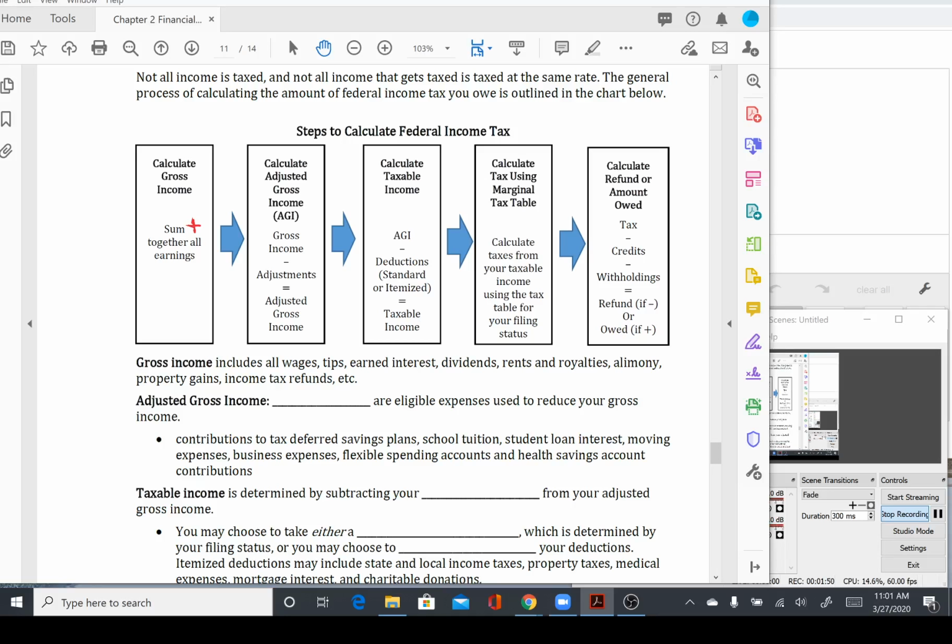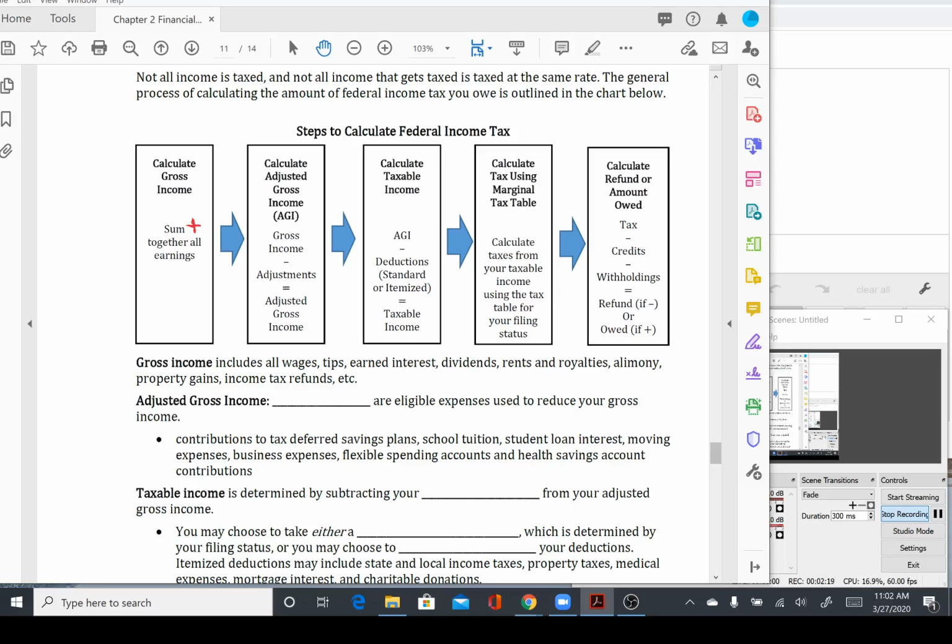From that, we will figure the adjusted gross income, which is the gross income minus adjustments. That number is often the number that is used to determine whether or not someone would qualify for things like the Affordable Health Care Plan or federal student loans, and other things like that.